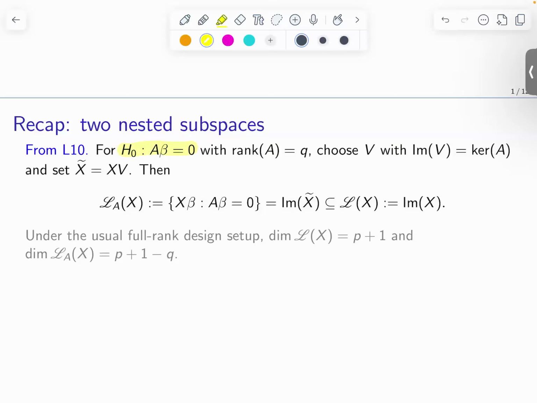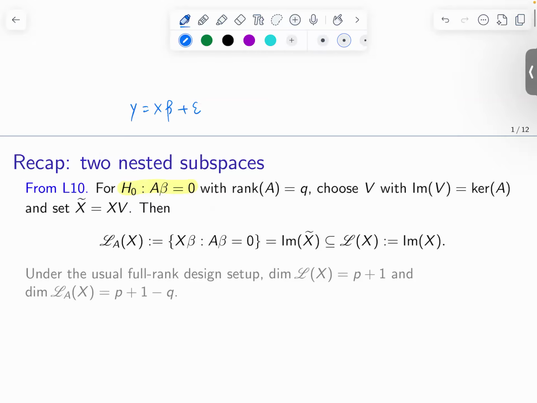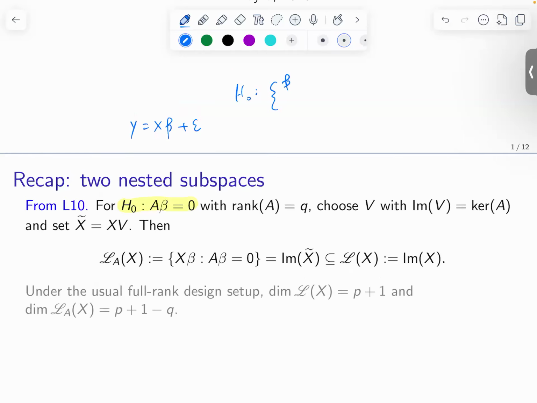You have the linear model, y is equal to x beta plus epsilon, and we impose some conditions on beta. For example, the null was beta 1 is equal to beta 2 and beta 3 is equal to 0.